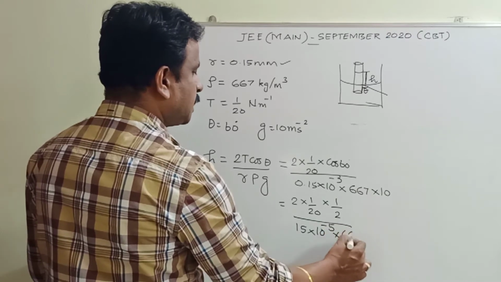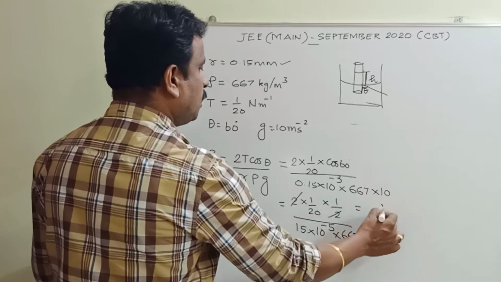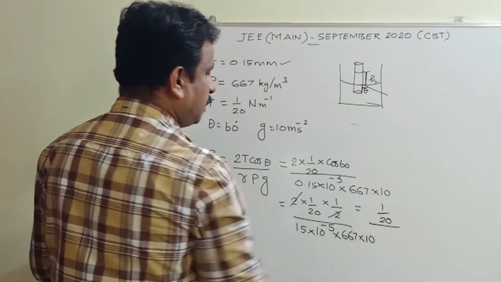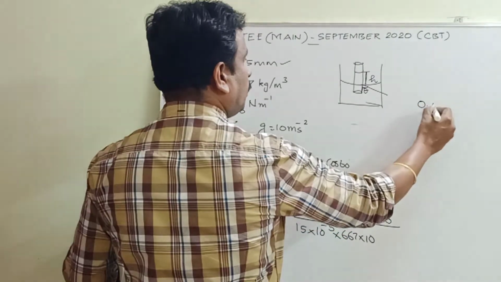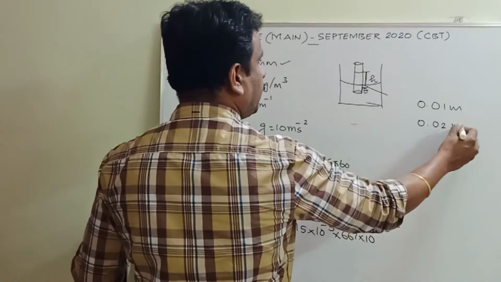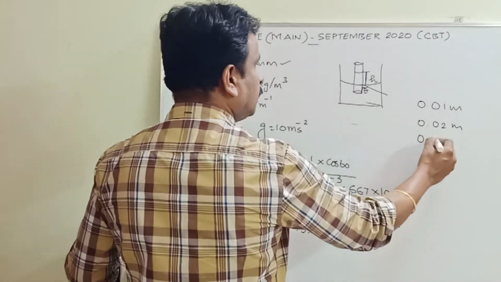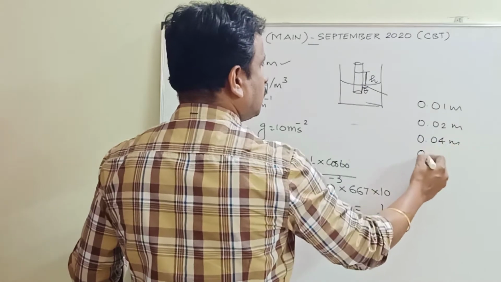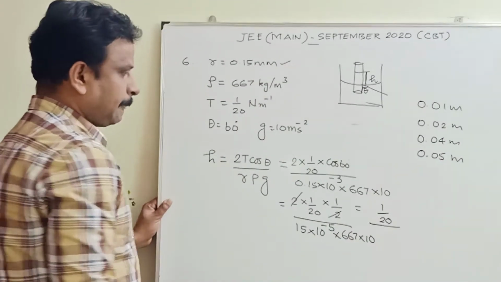Into 667 into 10, so here 2 is getting cancelled, so you will get 1 by 20 divided by... I will write the options: 0.01 meter, 0.02 meter, 0.04 meter and 0.05 meter. These are the options you have been given.